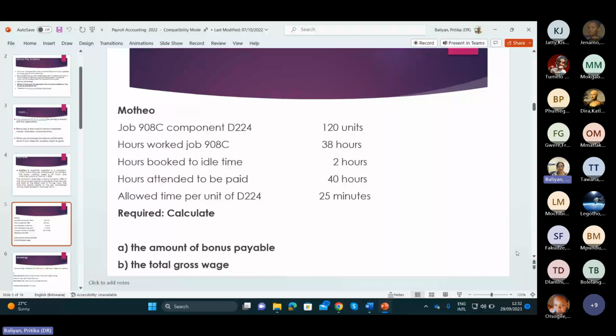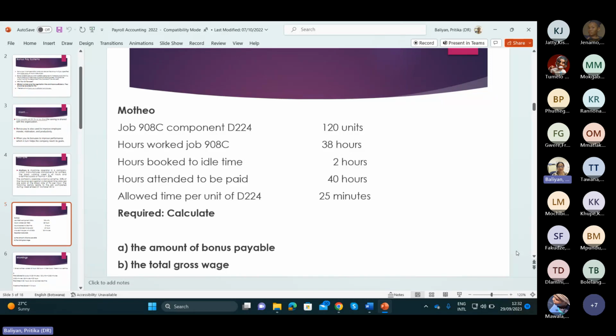If you want to change these minutes into hours, how will you change? You divide it by 60 because in 1 hour there are 60 minutes, right? So you divide it by 60. How many hours do you get? 3,000 divided by 60.